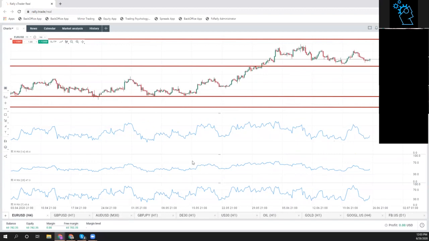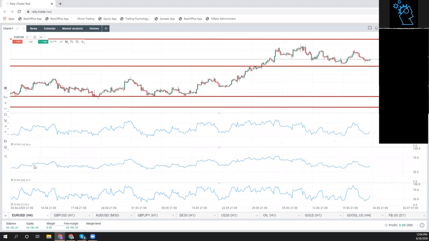Okay, so we have the 14 RSI here on the top. Second is the 25 RSI, and last is the 7 period RSI.